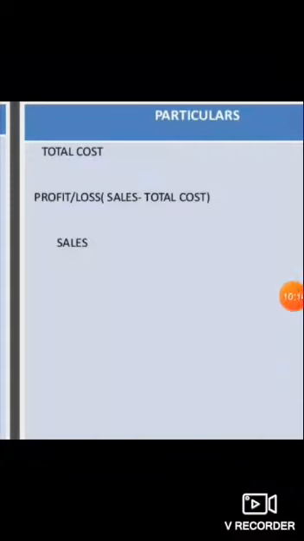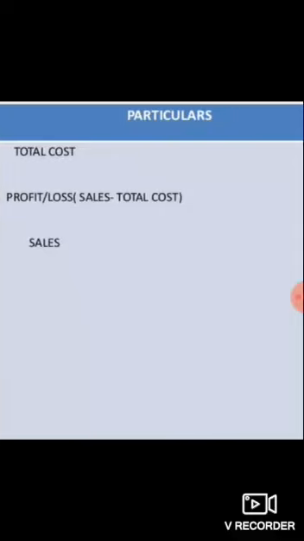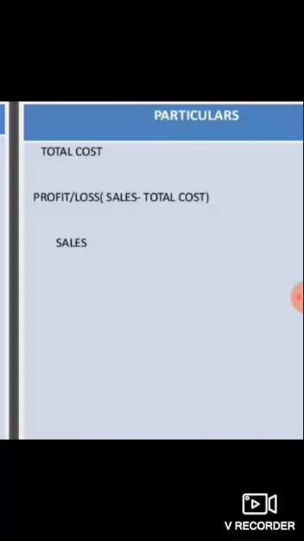The prime cost, works cost, and cost of goods sold, and after adding office and distribution expenses, we'll get the total cost. And from that we have to minus the sales.